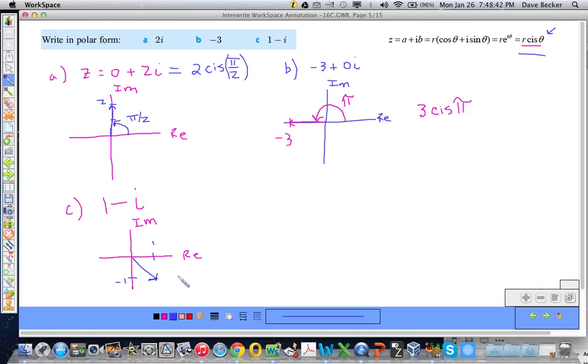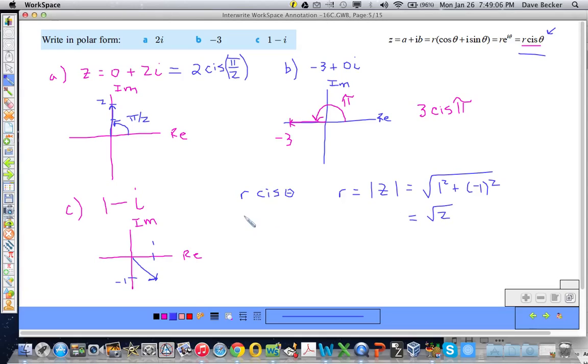Remember we need r cis theta. Well, r is mag z, which in this case would be the square root of 1 squared plus negative 1 squared, which is root 2, baby.